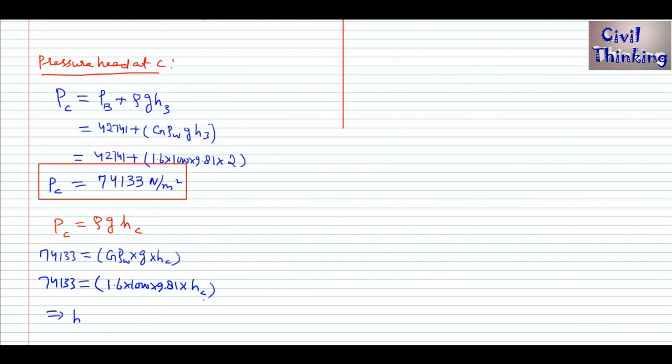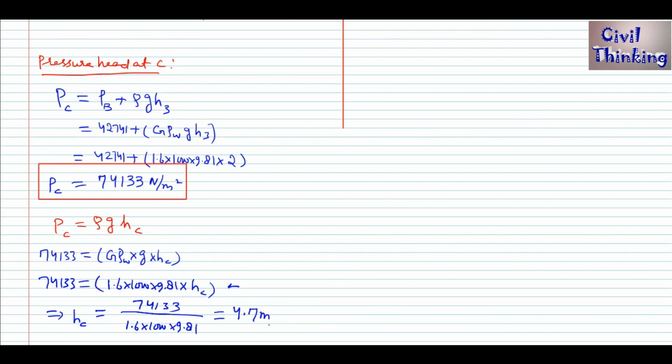From this equation we are going to find the head at C, which is equal to 74133 divided by 1.6 multiplied by 1000 multiplied by 9.81. I found the head at C to be 4.7 meters.